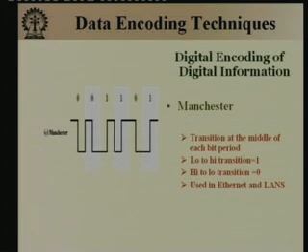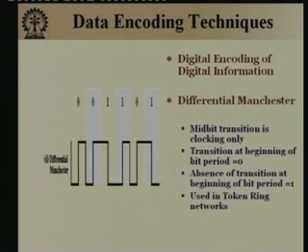There is another variant of this called differential Manchester. In this the mid-bit transition is really for clock synchronization purpose. It does not represent either 0 or 1. What it does is that a transition at the beginning of a bit period is equal to 0 and absence of a transition at the beginning of a bit period is 1. So, when a 0 starts, there is a transition.